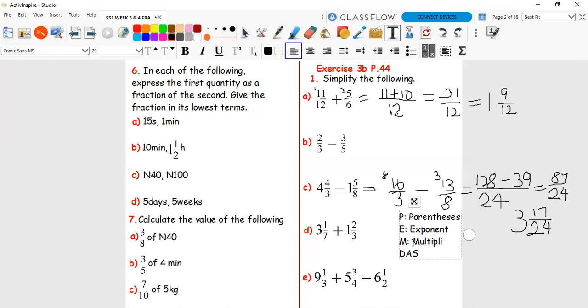All right. Then you have D for division. So that's what they call PEMDAS. Then you have A, which is addition. Please, I need you to note this order. It is called order of operation in mathematics. And then, of course, the last, subtraction.